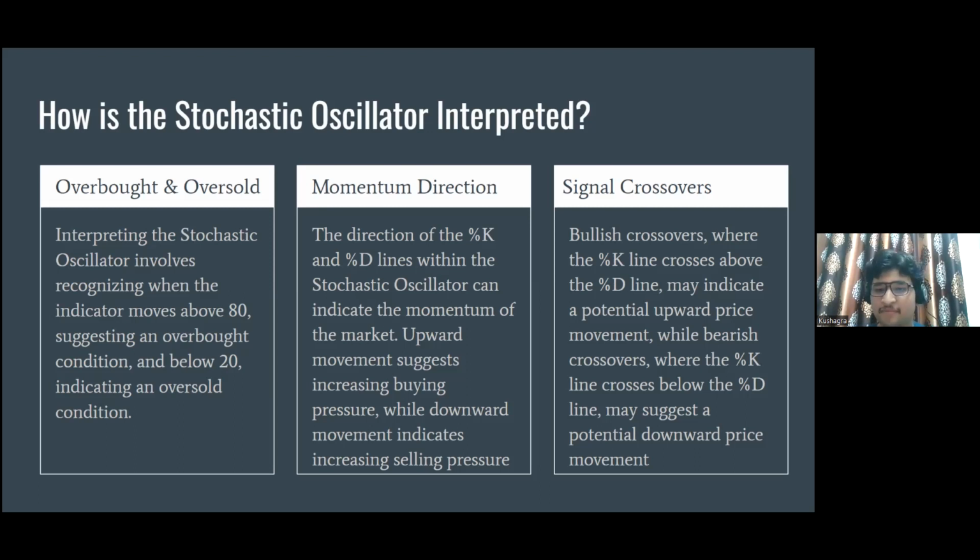The percentage D and percentage K lines might have many crossovers, many intersections, and those intersections can be interpreted in two ways. When the percentage K line crosses below the percentage D line, it suggests a potential downward price movement, and when the percentage K line crosses above the percentage D line, it indicates a potential upward price movement. So upward is related to bullish and downward is related to bearish movement.